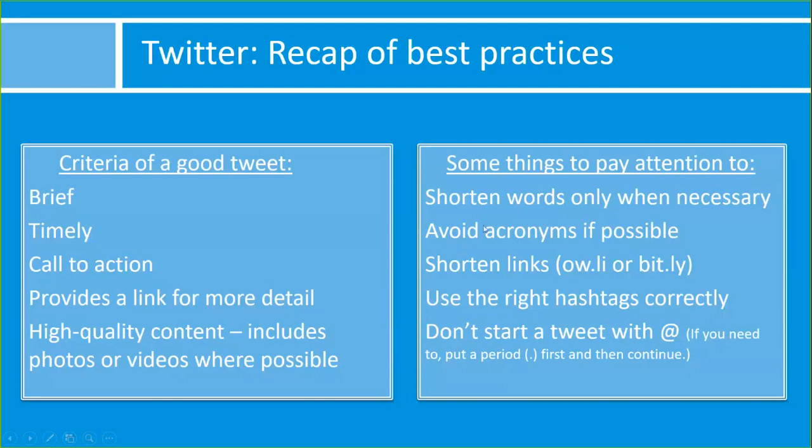Another point, don't start a tweet with an @username, because Twitter thinks that tweet is only directed to that user. So if you want to start a tweet with a username, good practice is to put a period in front of it to trick Twitter.